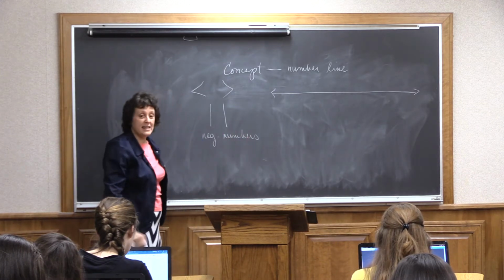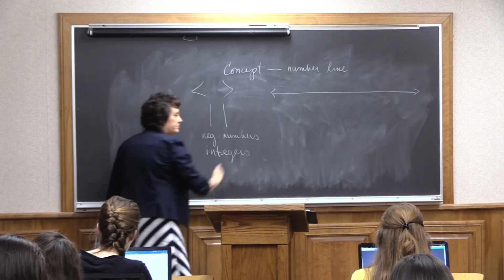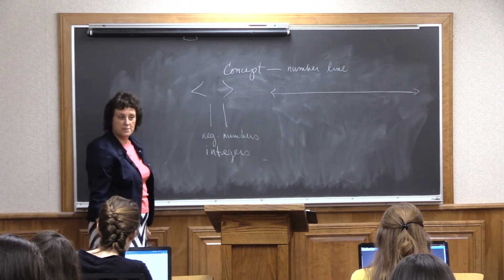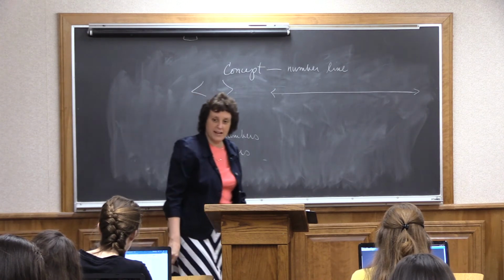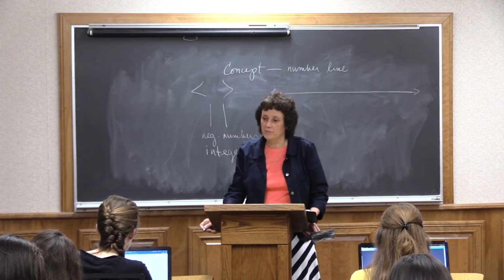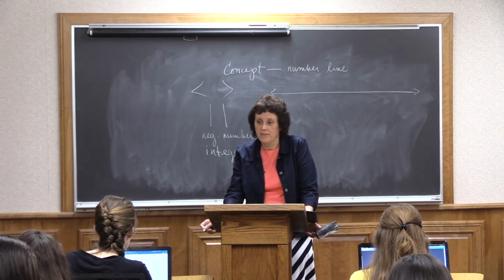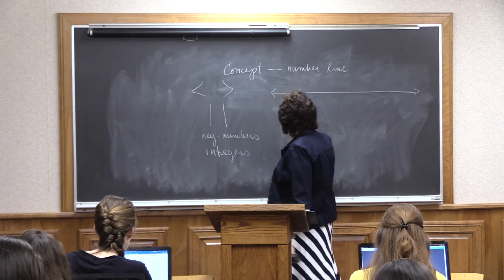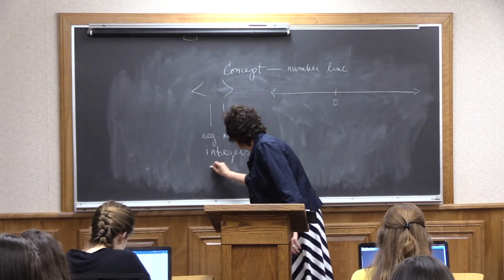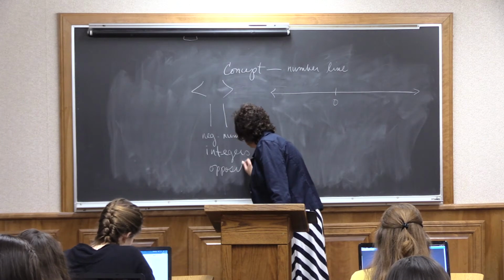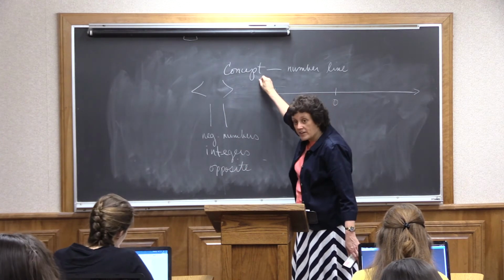The number line is how I introduce integers. I kind of avoid the number line with teaching the negative numbers because it causes more confusion than it's worth, and pick it up later. But it also is the basis for teaching opposites. All of this is a big part of concept.